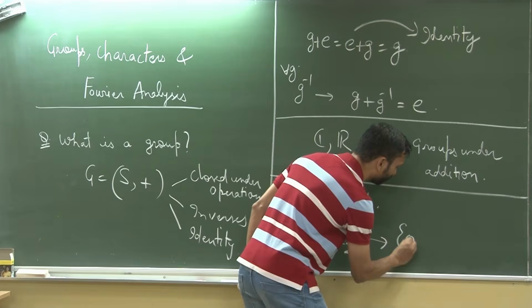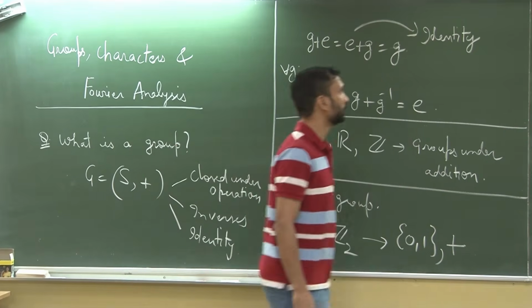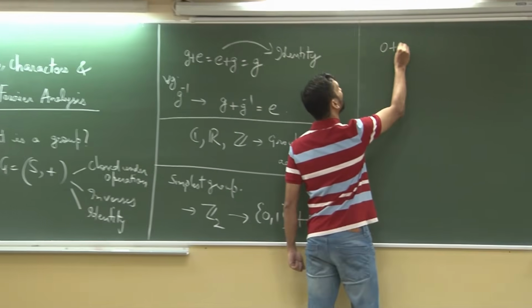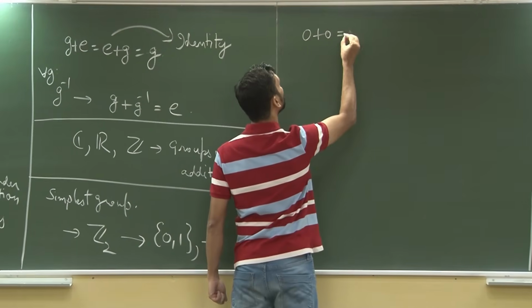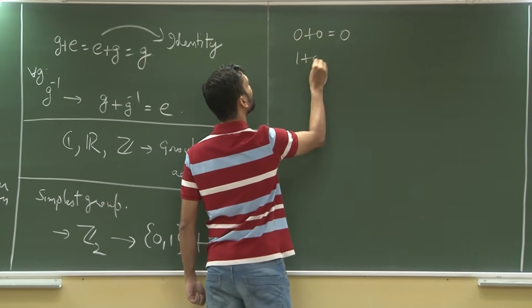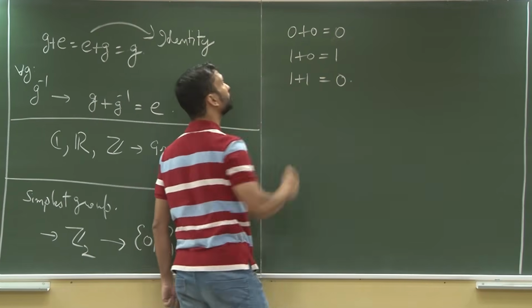This is a group with two elements where the operation is addition, right? So that means 0 plus 0 is equal to 0, 1 plus 0 is equal to 1, and 1 plus 1 is equal to 0.